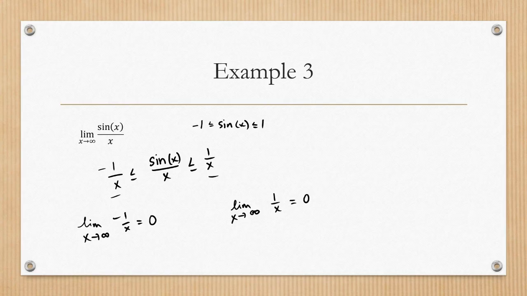And therefore, I know that the limit as x goes to infinity of sine x over x is also 0. Because these two limits match. My function is stuck between those two functions, and so its limit also has to be 0.